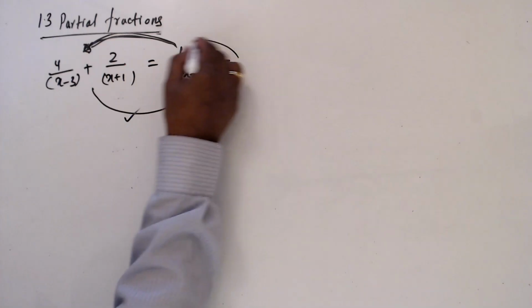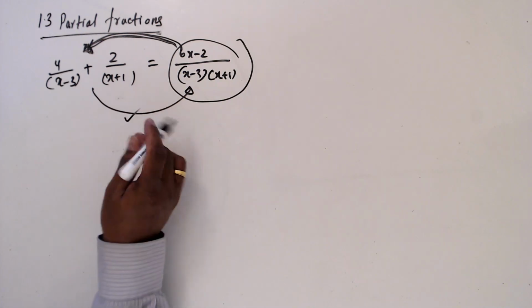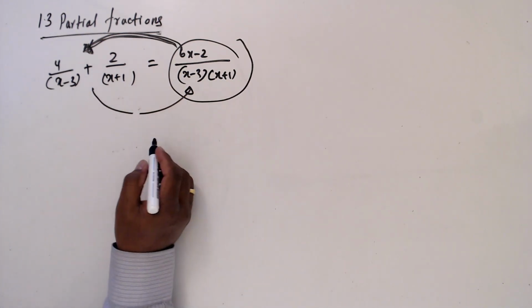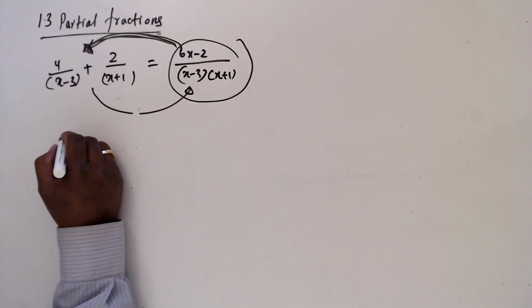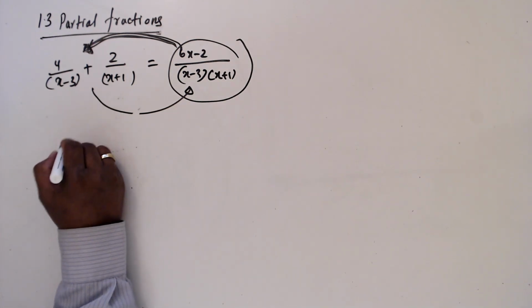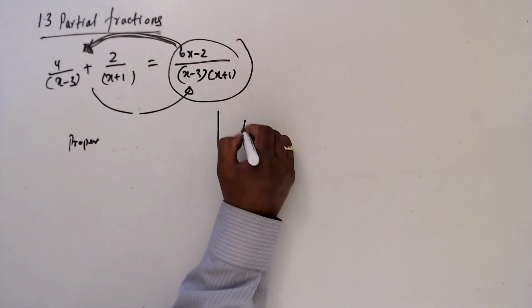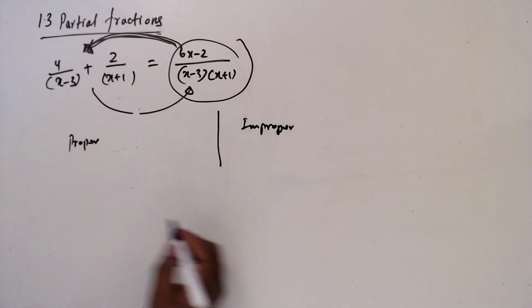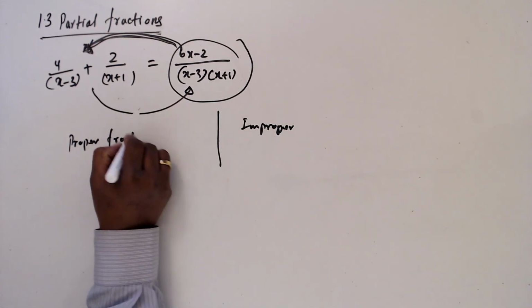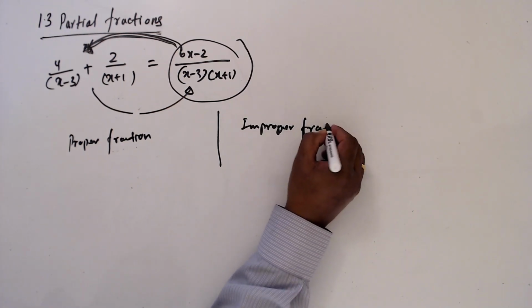When we break this kind of fraction into partial fractions, we want to do a few checks. One is whether the fraction is proper or improper.